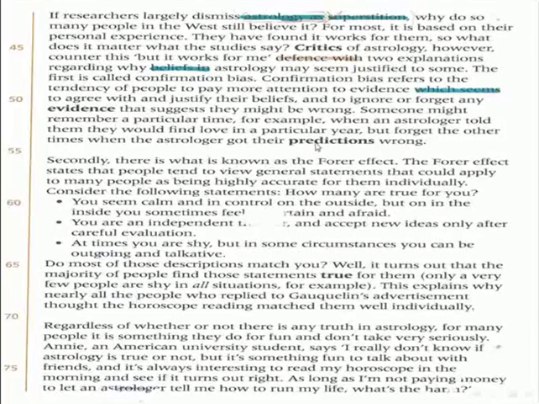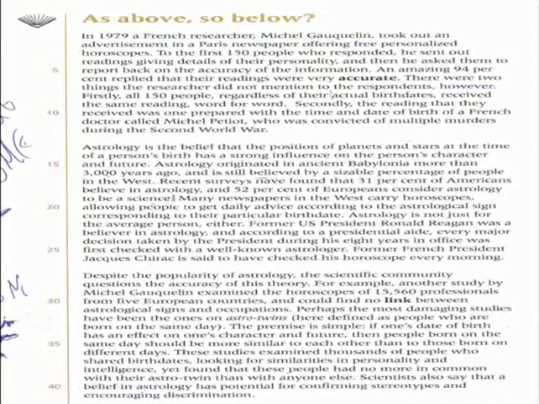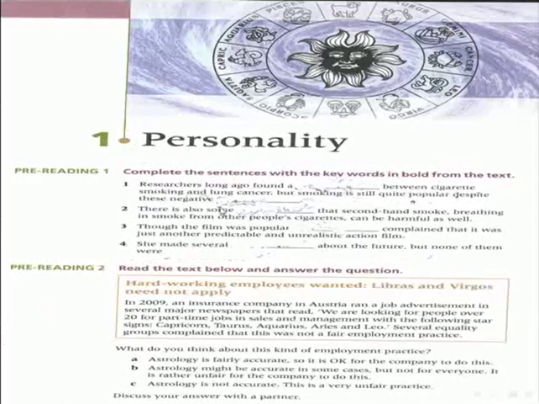Like these words written in bold here on this page, like predictions, critics, right? You find them on the previous page. Let's go back. Here also, accurate, right? And link is here, right? You complete with those words here in these spaces and then check, okay?